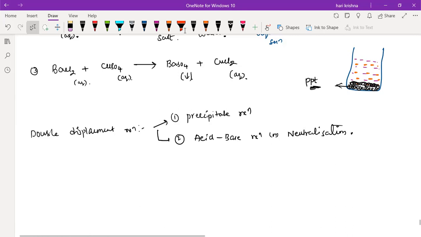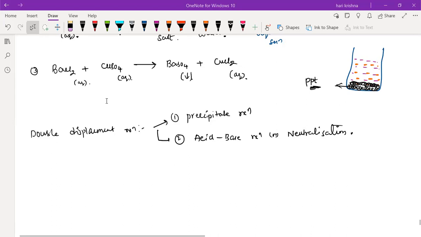What is the meaning of precipitate reaction? Some solid, insoluble substance will be left out at the bottom.